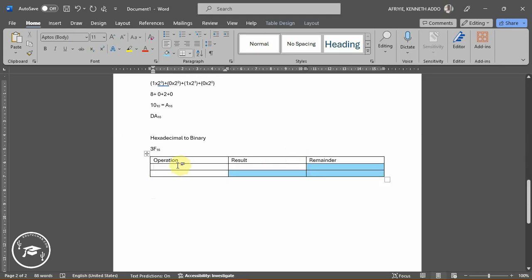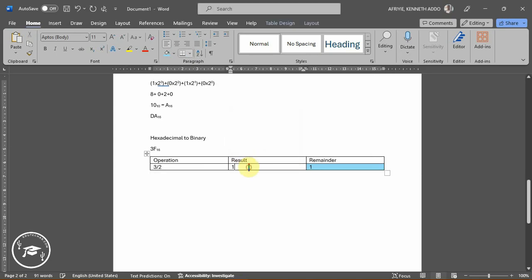We get 3 divided by 2, we get 1, and the remainder is 1. We don't have anything left, so this is going to be our answer. We are going to delete this part of the table.